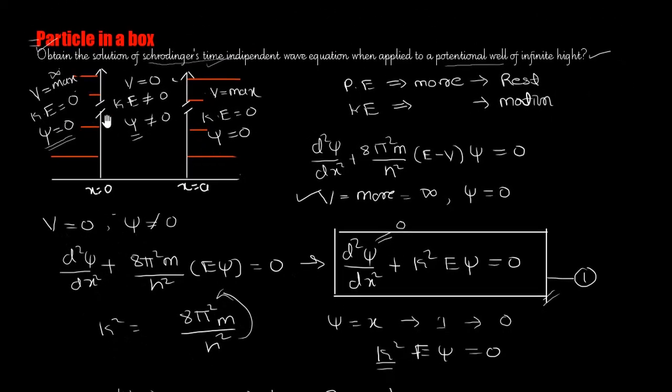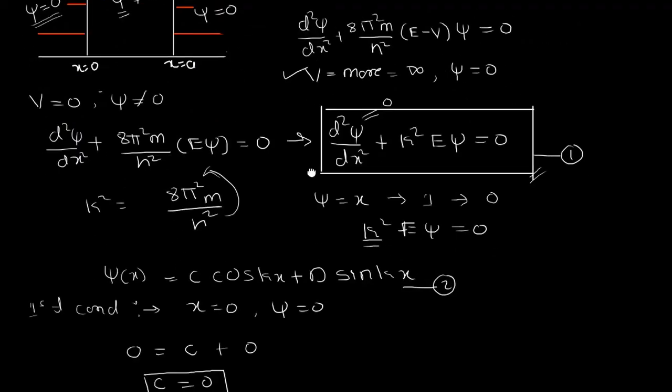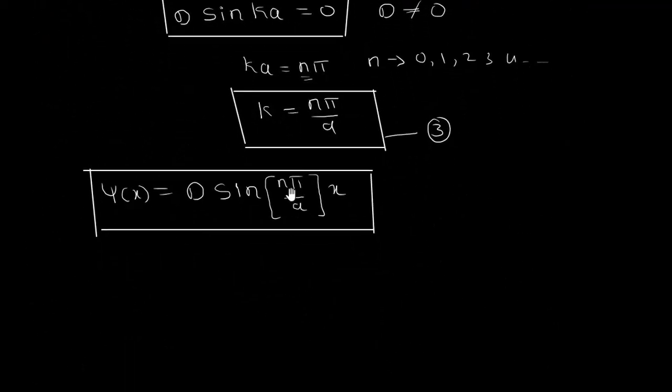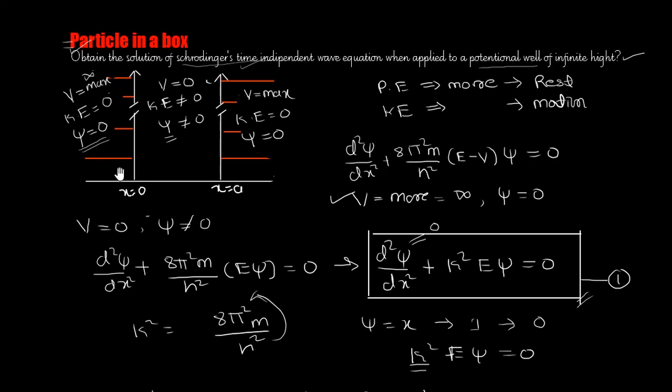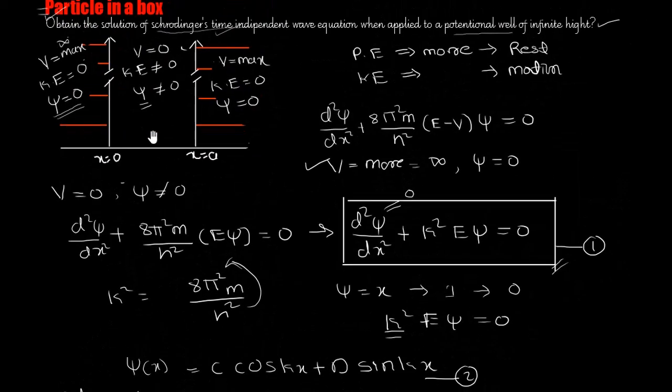Here we know that at least one electron or one wave must be found in this potential well. Because of that, we can apply this equation in the normalization condition. The formula for normalization is the integration of modulus square of psi d tau equals 1. Here d tau is related to volume, and we consider the volume related to x, because the particle is moving in the x-axis direction.